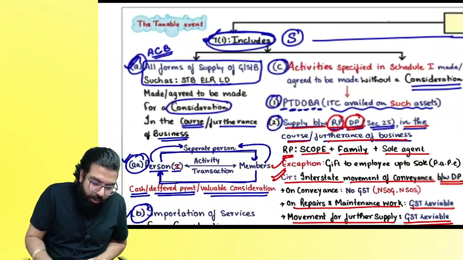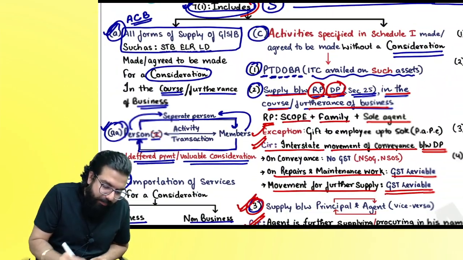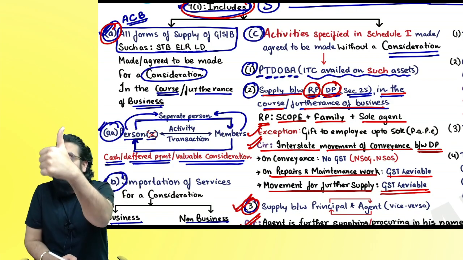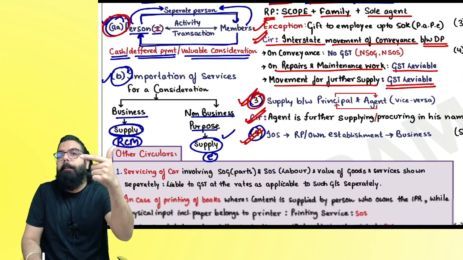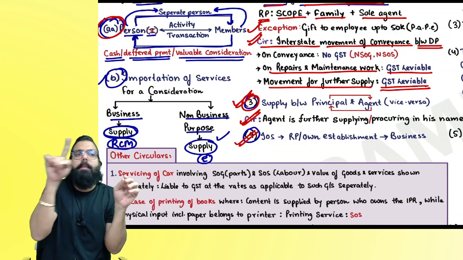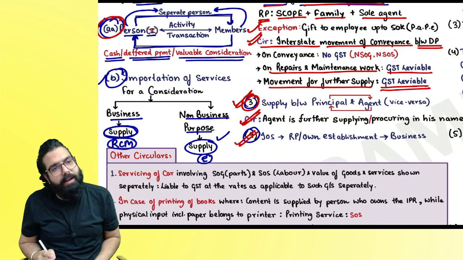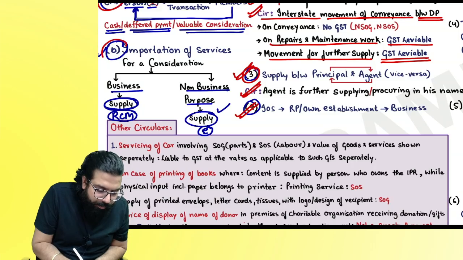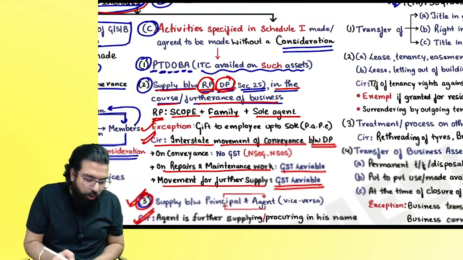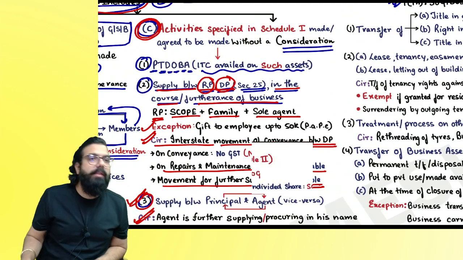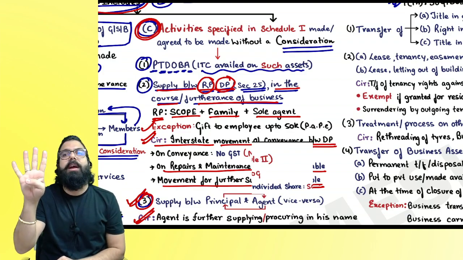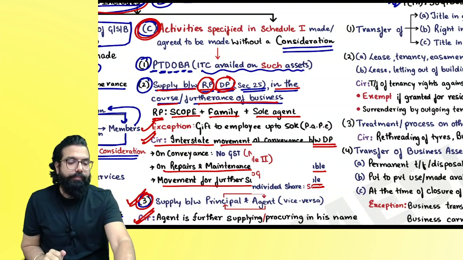Now, everyone, section 71A, we learned about all forms for a consideration in the course of business. 71AA, a person other than an individual giving services to the member, or members giving to the person, will be considered as supply. Third one, importation of services for a consideration will be a supply. Fourth one, section 71C, Schedule 1's 4 activities will also be considered as supply.